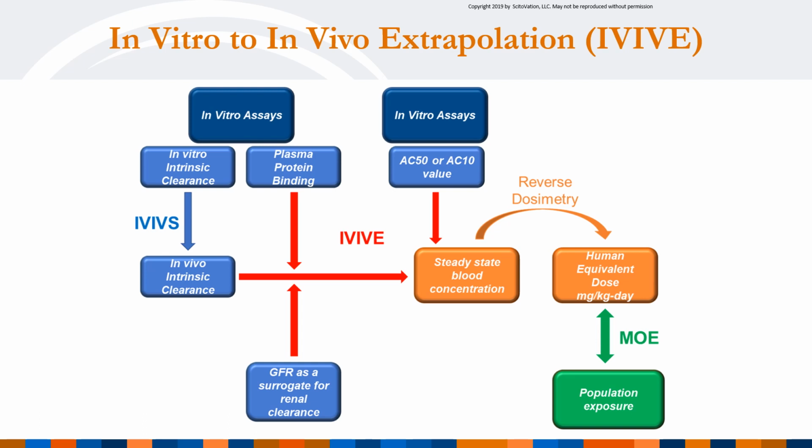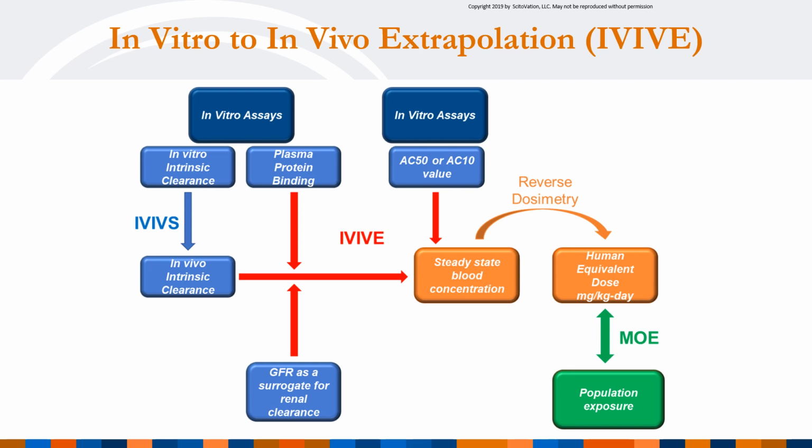IVIVE converts active concentrations from an in vitro assay to a human equivalent dose or human exposure that would be expected to produce an internal plasma or target tissue concentration in an exposed person equal to the active concentration from the in vitro study. The equivalent human exposure can then be compared to an estimated exposure to obtain a margin of exposure or an activity exposure ratio.